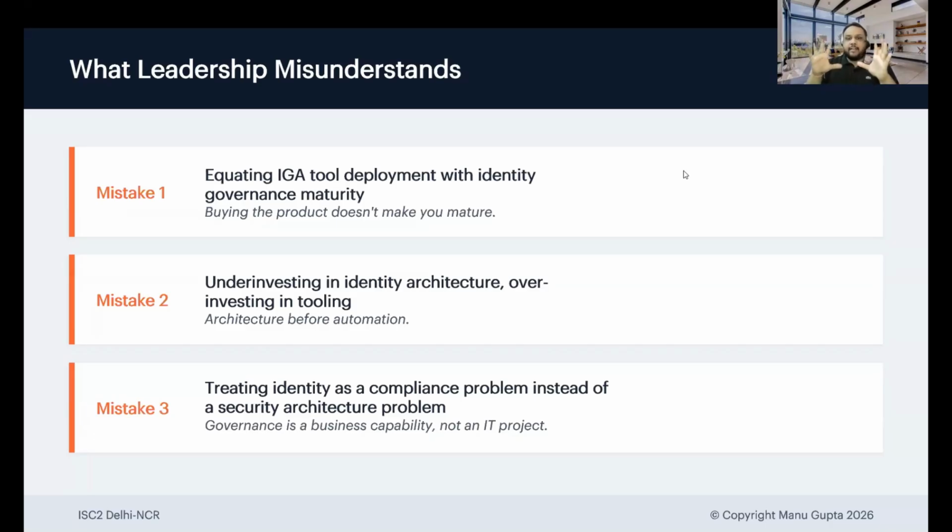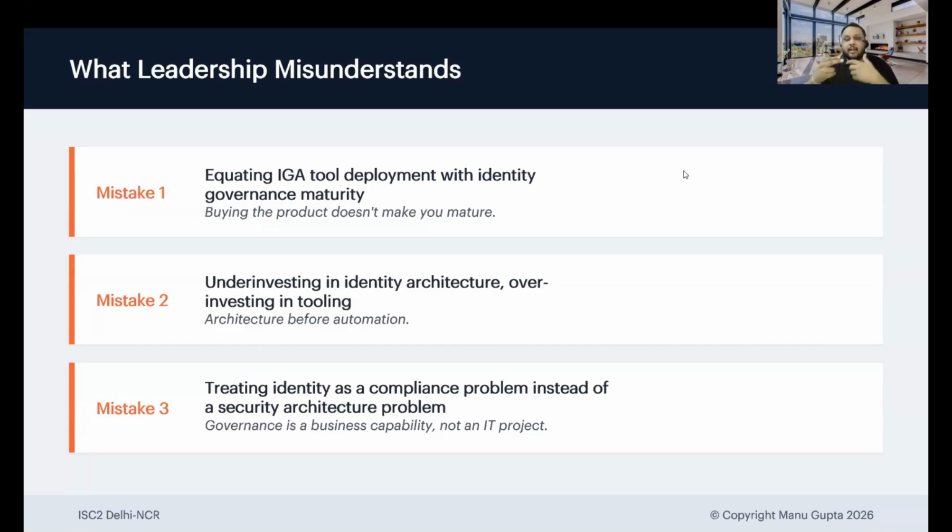Where the executive leadership generally gets it wrong is that many CXOs I've spoken with generally make three mistakes. One is they equate an IGA tool deployment with identity governance maturity. So subscribing to a product, licensing a product, doesn't make you mature, right? Second, you underinvest in identity architecture and overinvest in tooling, right?